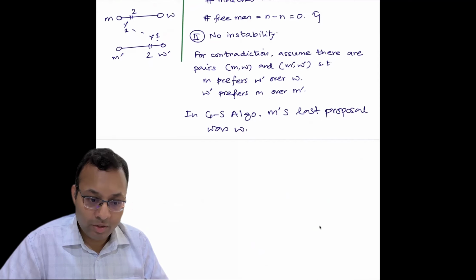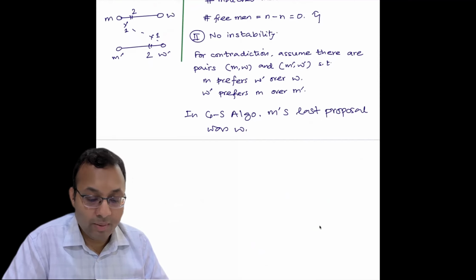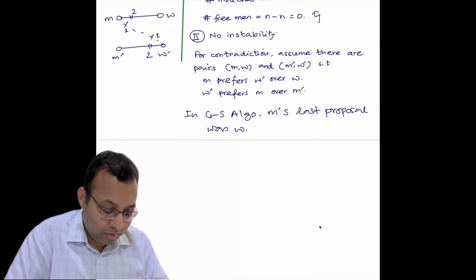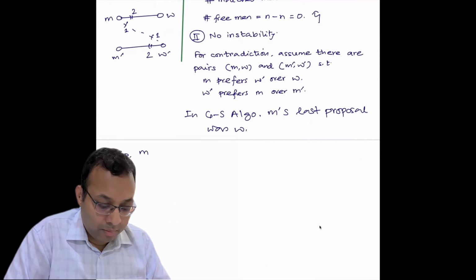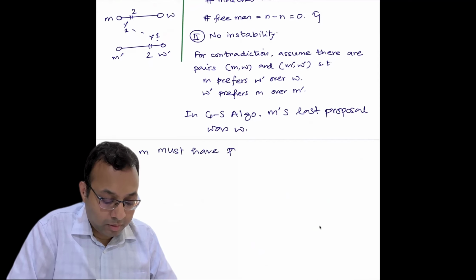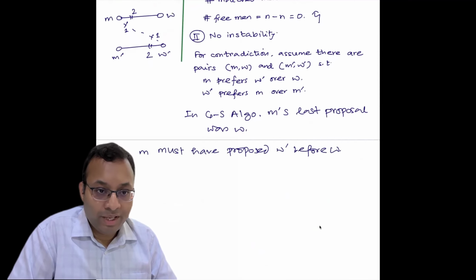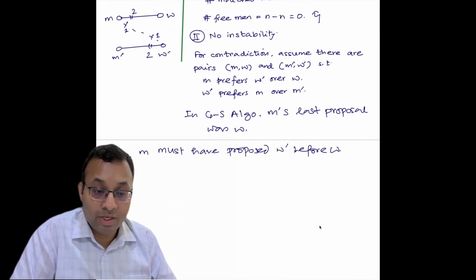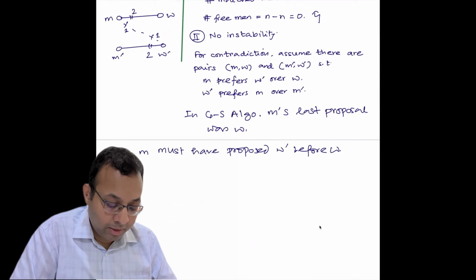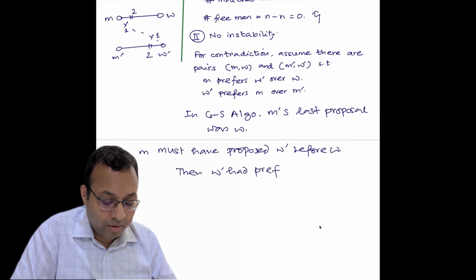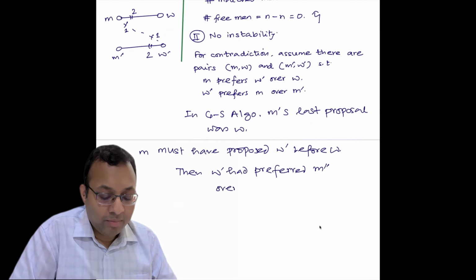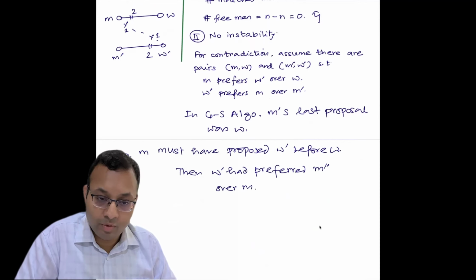Now, as we are assuming here that M prefers W' over W, M must have proposed to W' before W, but then he was not matched with W'. That means W' had preferred some other person, M'', over M. That's why M was not matched with W'.